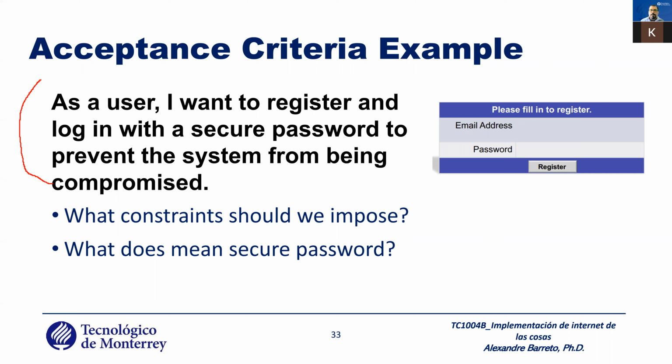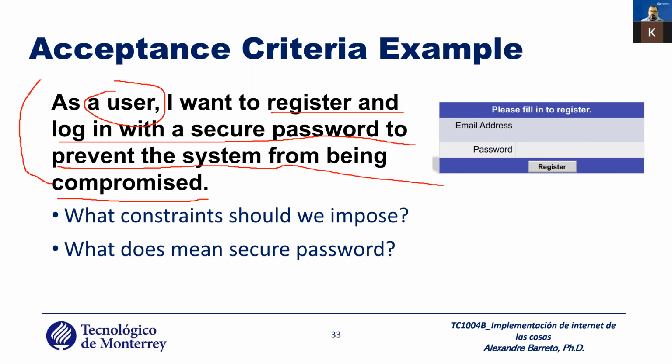The user. What do I need to do? Register and log in with a secure password. Why? To prevent the system from being compromised. Exactly. The three things: who, what, and why.